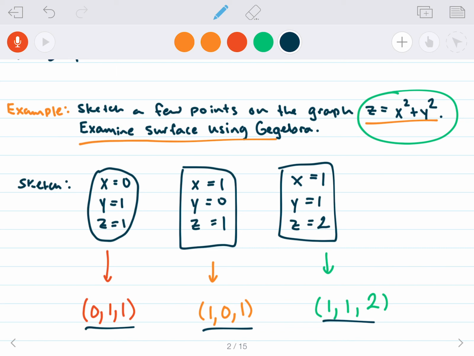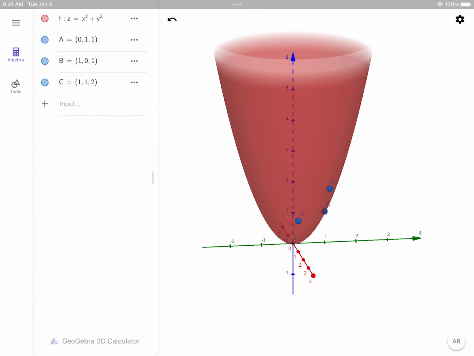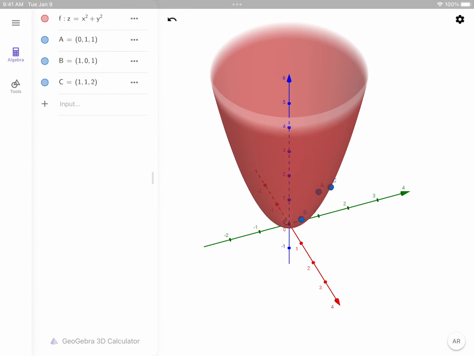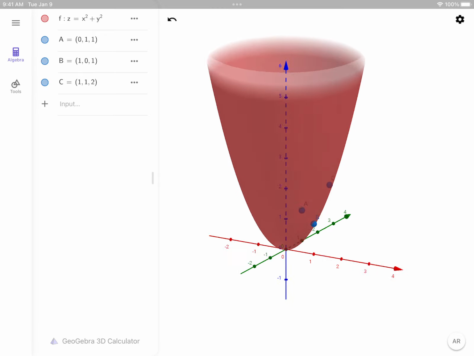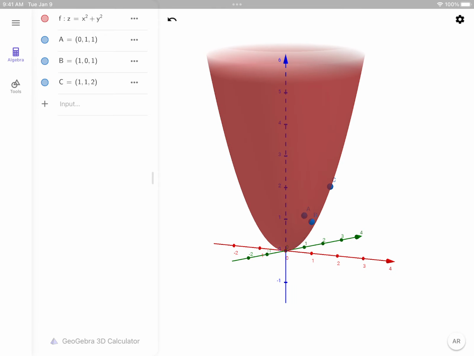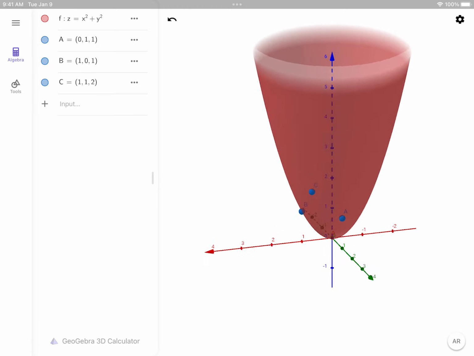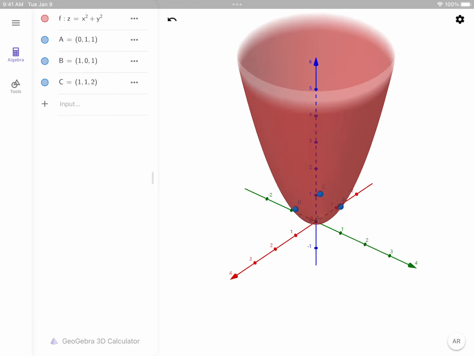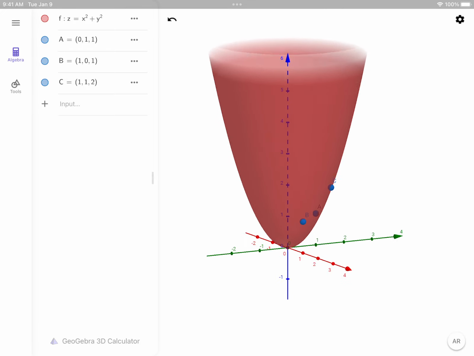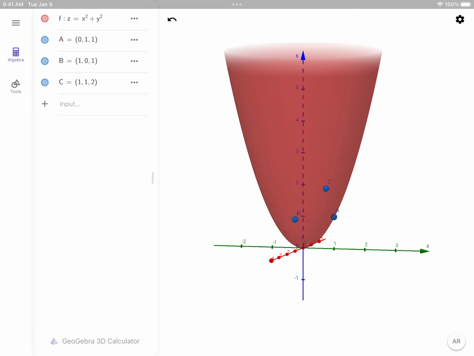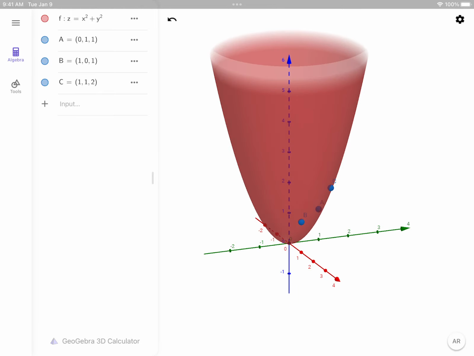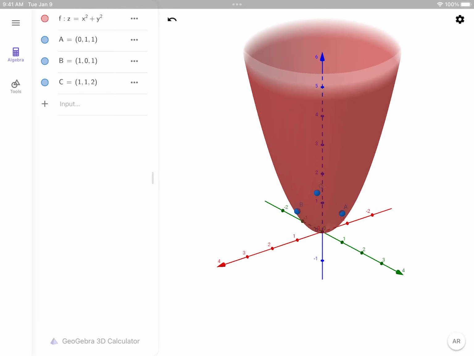Now let's see what happens when we plug z equals x squared plus y squared into GeoGebra. In red is my function z equals x squared plus y squared, and then I've plotted the points that we found, and you can see those actually lie on this graph in blue. Of course, there are infinitely many points that satisfy the equation z equals x squared plus y squared, but this is the shape that we get.